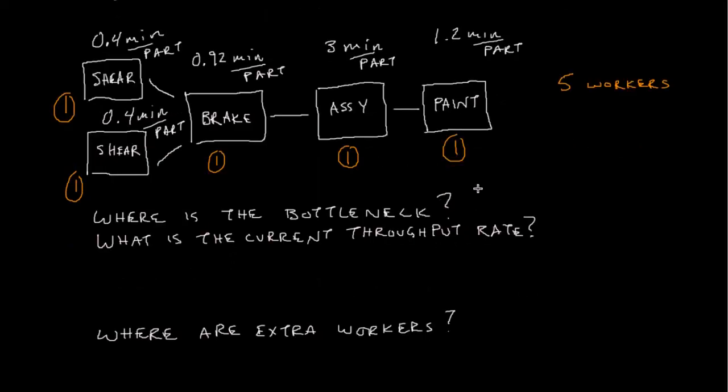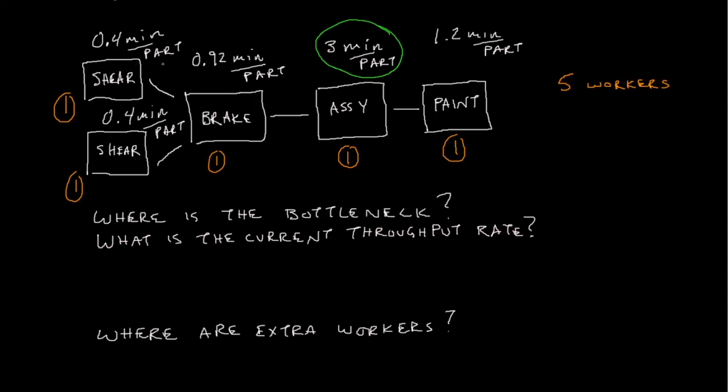So as always, I like to understand where the bottleneck is and that current throughput rate. If we look at this assembly line, it's very easy to see that our bottleneck is here at assembly. In real life, these times aren't shown anywhere physically. You would have to measure that.